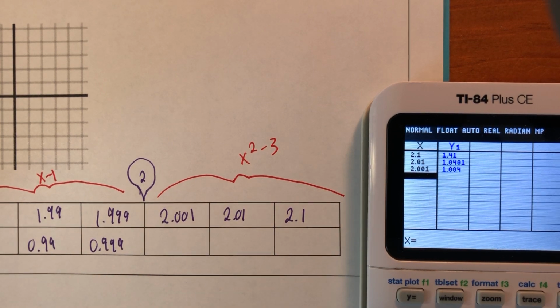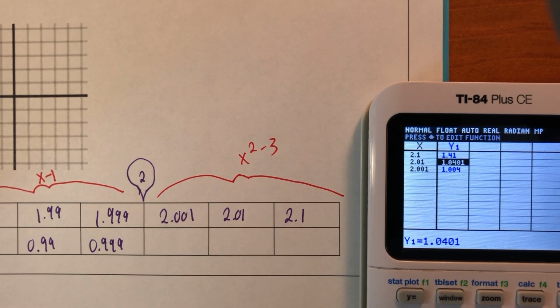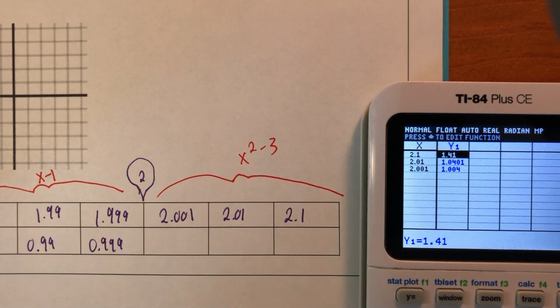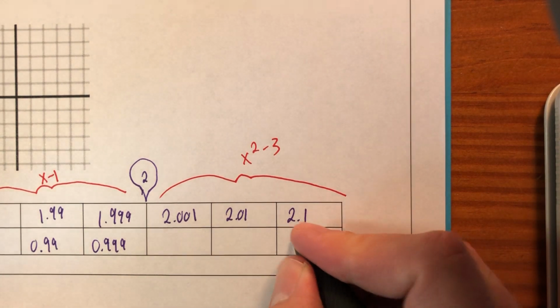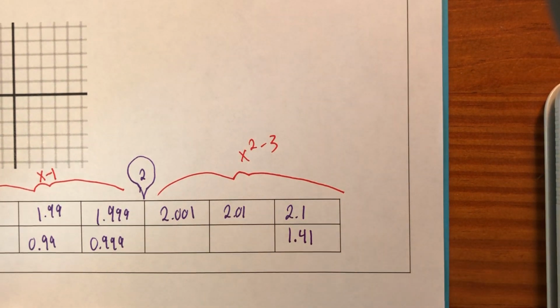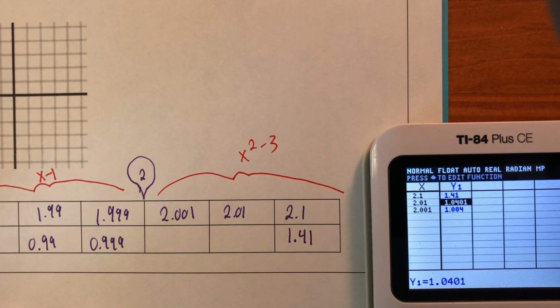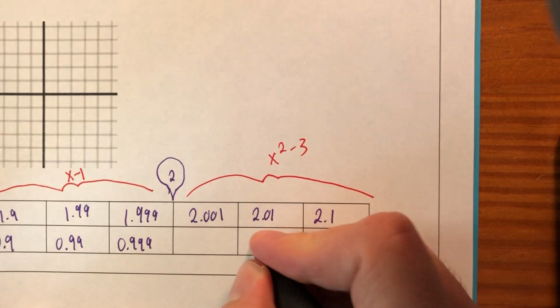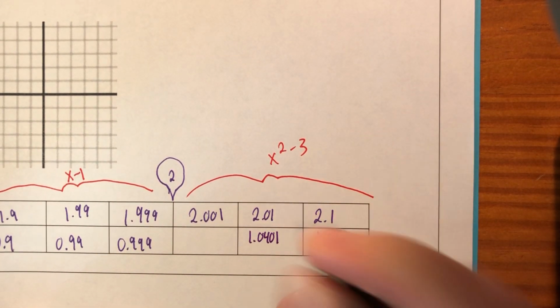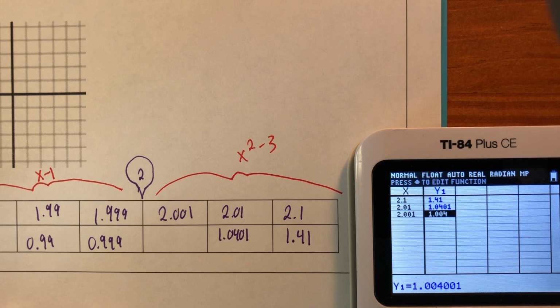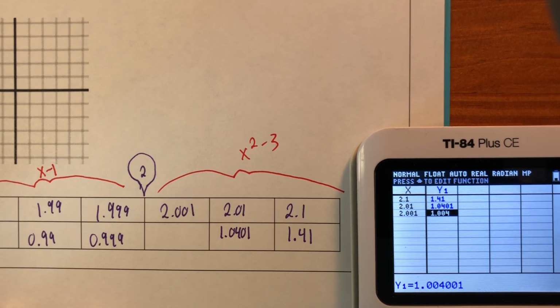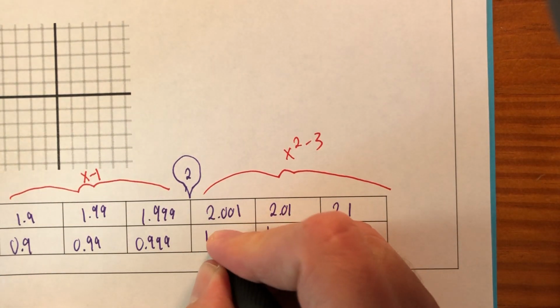And these are the numbers that I get: 1.41, that's pretty far off, then 1.0401, then 1.004001.